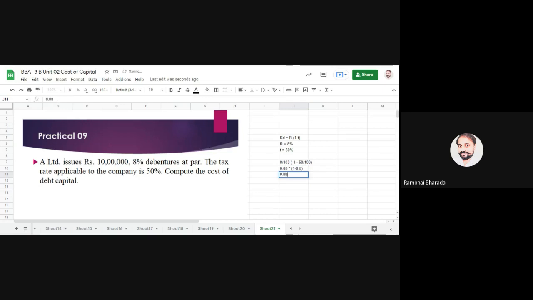Ultimately 0.08 into 0.5. Can you tell me the final answer? 0.04 will be the final answer.